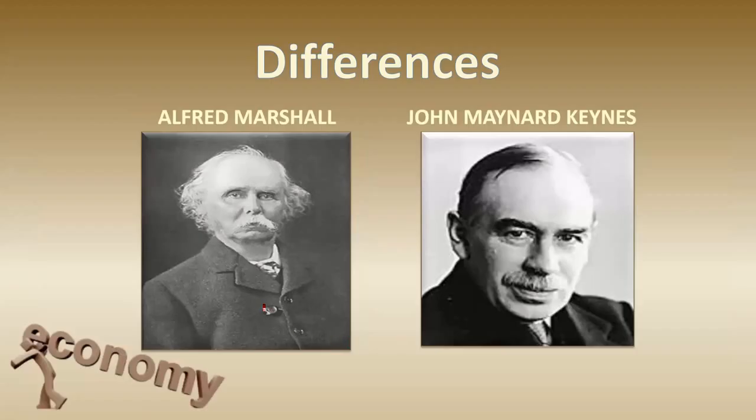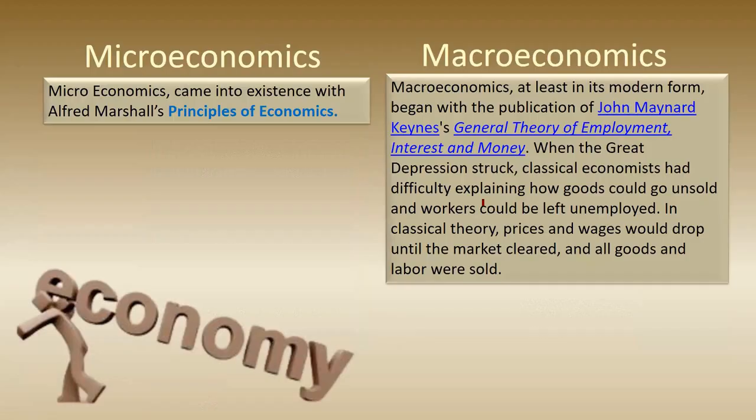The next difference: the person who gave more importance to microeconomics is Alfred Marshall, whereas the person who gave more importance to macroeconomics is John Maynard Keynes. Microeconomics came into existence with Alfred Marshall's Principles of Economics.